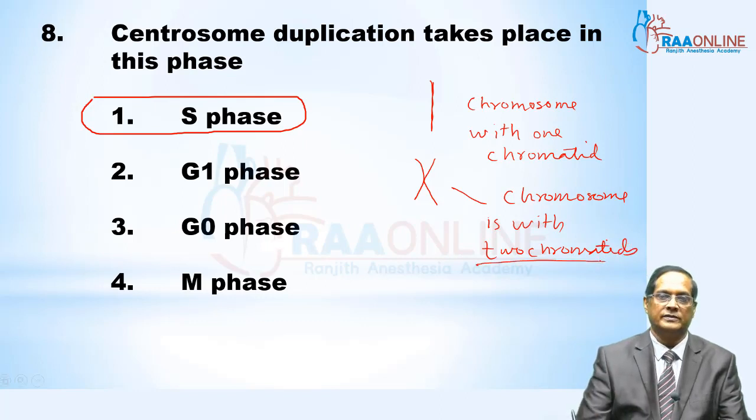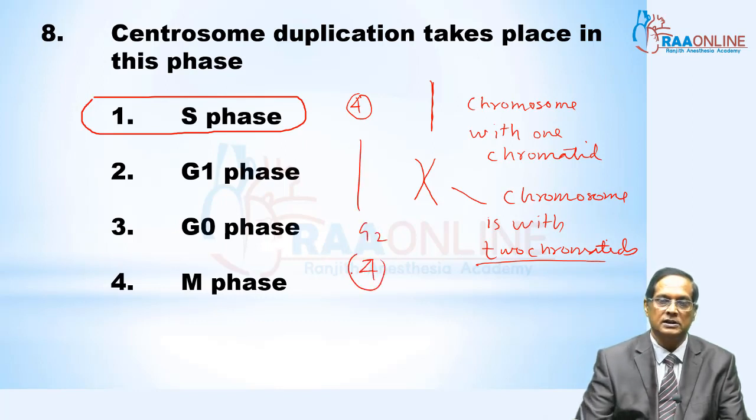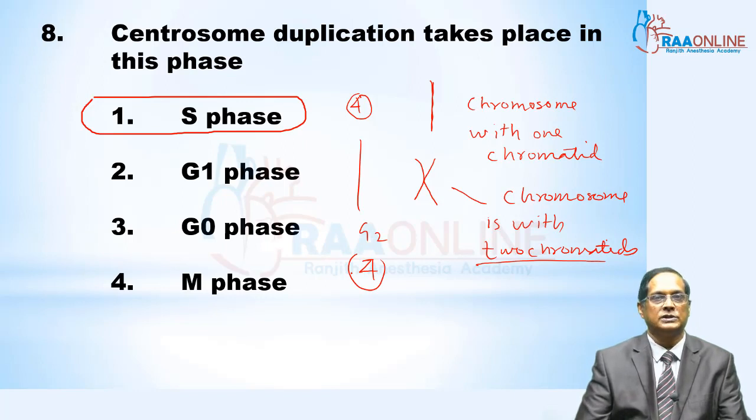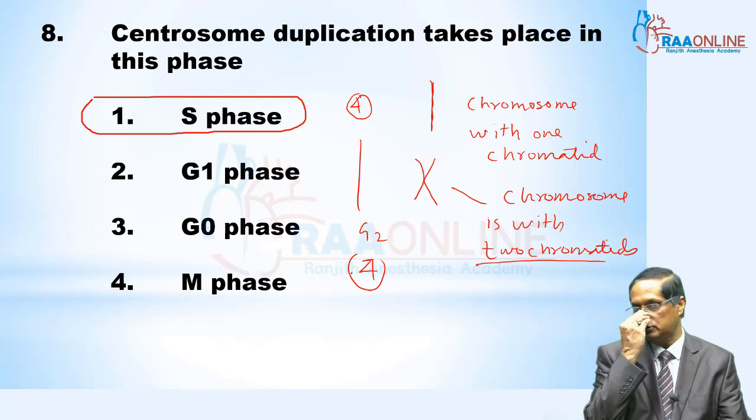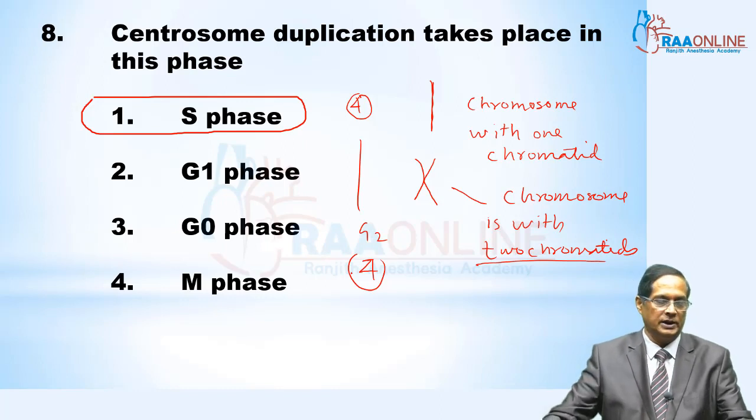This is the only difference. The number remains the same. Suppose at this stage 4 chromosomes are there, then in G2 phase again 4 chromosomes are there. The number of chromosomes remains the same, but each chromosome is duplicated.